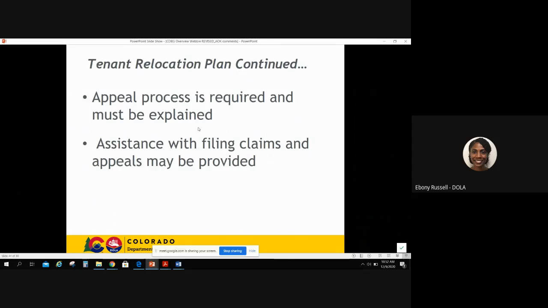If there are any appeals regarding the temporary unit they're moving to or the amount of reimbursement that they received, there must be an appeal process, and that appeal process must be explained, and assistance for that appeal must be provided.